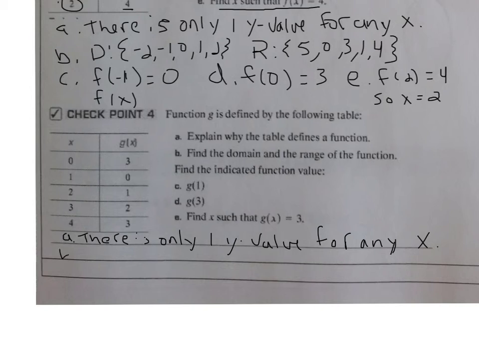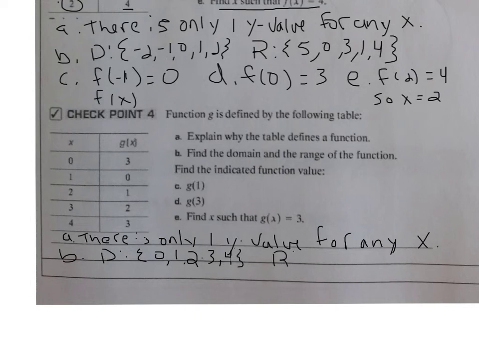B, the domain and range. Domain is just all the x's. You got 0, 1, 2, 3, and 4. Let me try to remake my 2 here. And I'll try my best for that squiggly. It's not very good.